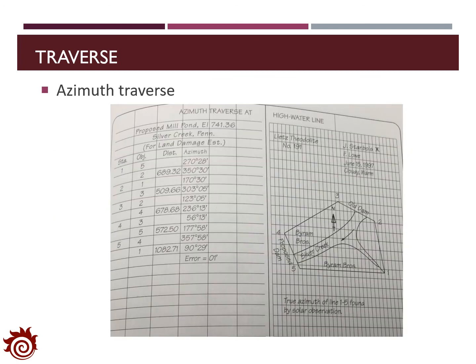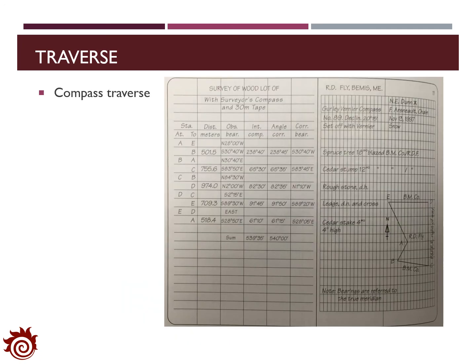The table here shows the data collected from the azimuth traverse. By observing the forward and backward azimuths, we are able to find out the interior angle and then determine the closure error for the entire traverse experiment. Similar to the azimuth traverse, we can use compass to measure the bearing of each side for the polygon to conduct the compass traverse.